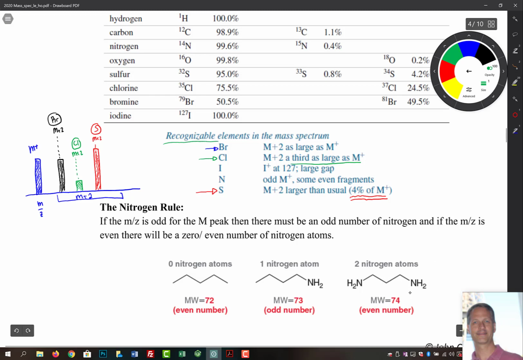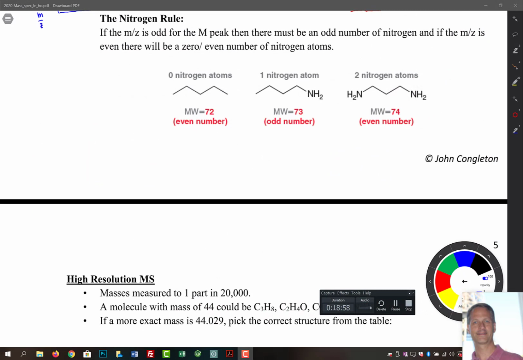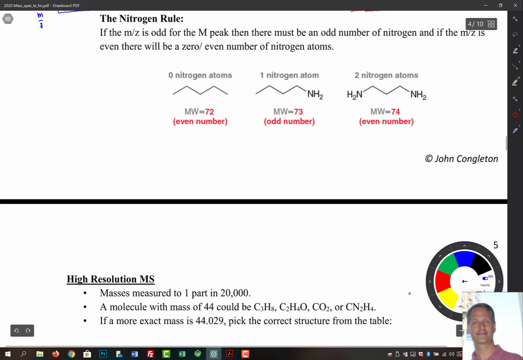So another thing to recognize here is iodine. There's a large gap at 127. So you see a big gap because that's the molar mass of iodine. And then we'll talk about nitrogen down below. So there's a rule with nitrogen too. So the nitrogen rule. In addition to looking at your molecular ion, your parent ion's molar mass, M plus 1 and M plus 2, I actually then take a look at what the molar mass is of the actual compound.